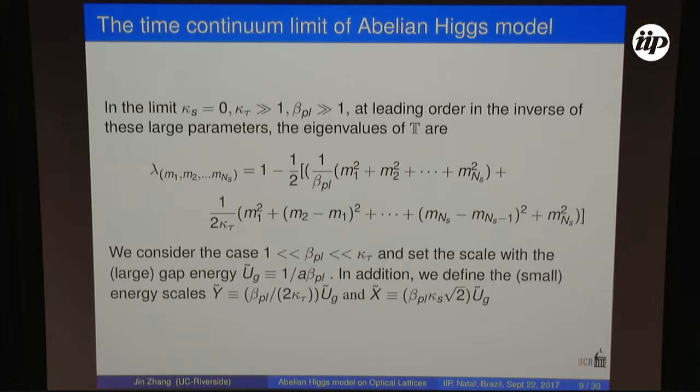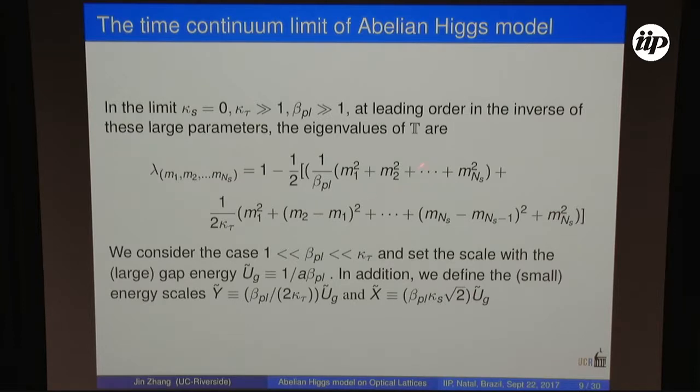Because we are going to find the Hamiltonian formulation, we want to do the time continuum limit of this model. So in the limit kappa tau much larger than 1 and kappa plaquette much larger than 1, we keep the leading order of the eigenvalues of the transfer matrix. We get these terms.